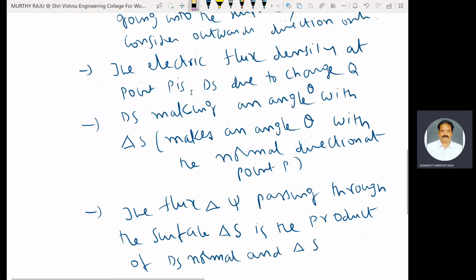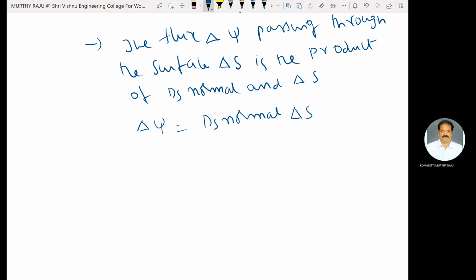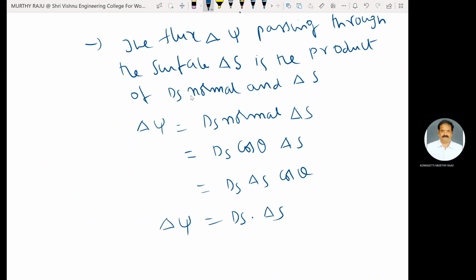Delta psi is equal to D_s normal into delta S, which is D_s cos theta into delta S, that is equal to D_s dot delta S. That is delta psi.